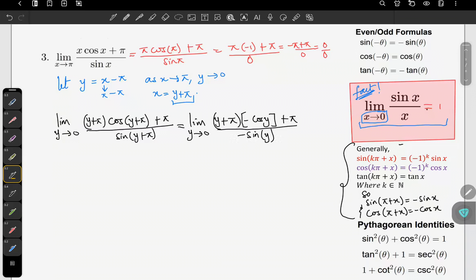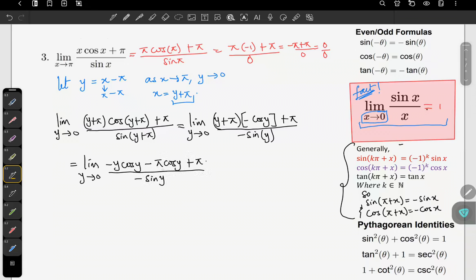So we can split this into the limit as y approaches 0 of, if I open up the bracket, negative y cos y minus pi cos y plus pi, all over negative sine y.